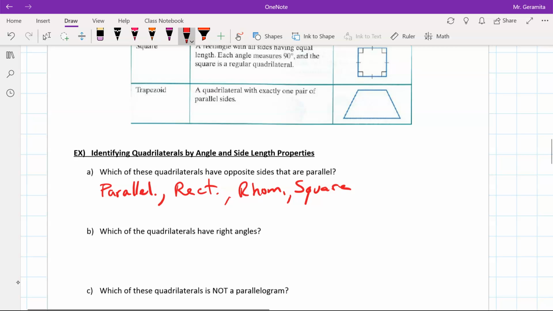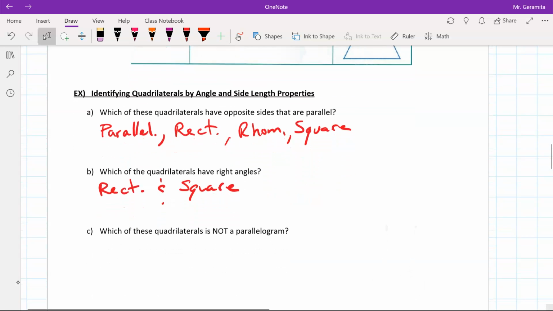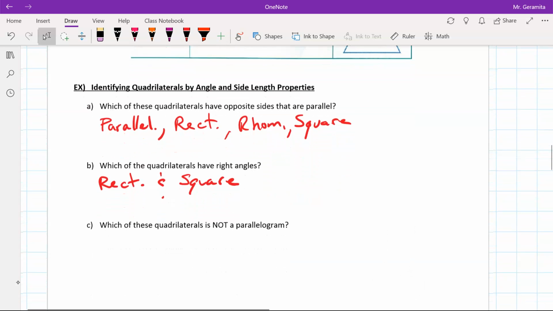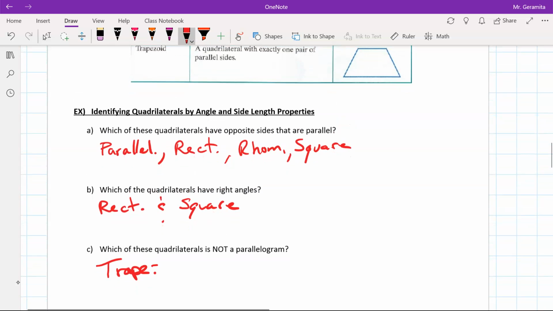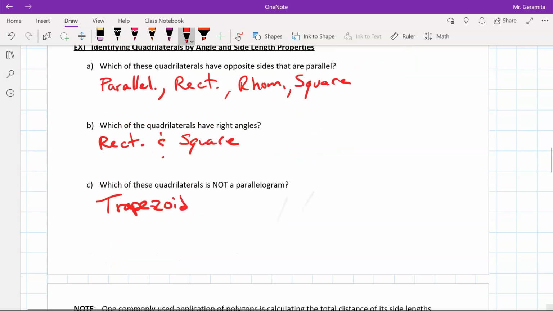Of the quadrilaterals which have right angles, that's going to be a rectangle and a square. Which of these quadrilaterals is not a parallelogram? That's a trapezoid. A trapezoid is not going to be a parallelogram because it does not have both pairs of opposite sides parallel. Only 1.